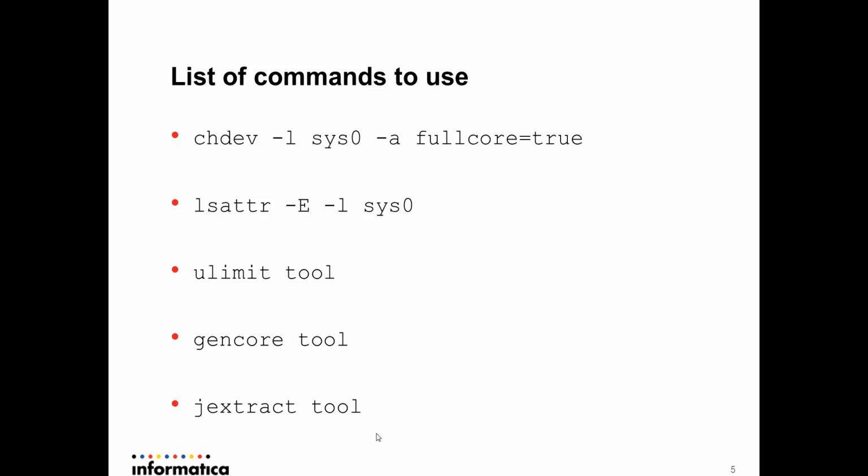And not only enabling at the system level, you should also make sure that the user has the ability to generate a complete core dump without truncating the core dump. So for that, you'll use the ulimit tool. And finally, you'll use gencore and JExtract tools to extract core dumps and heap dumps respectively.